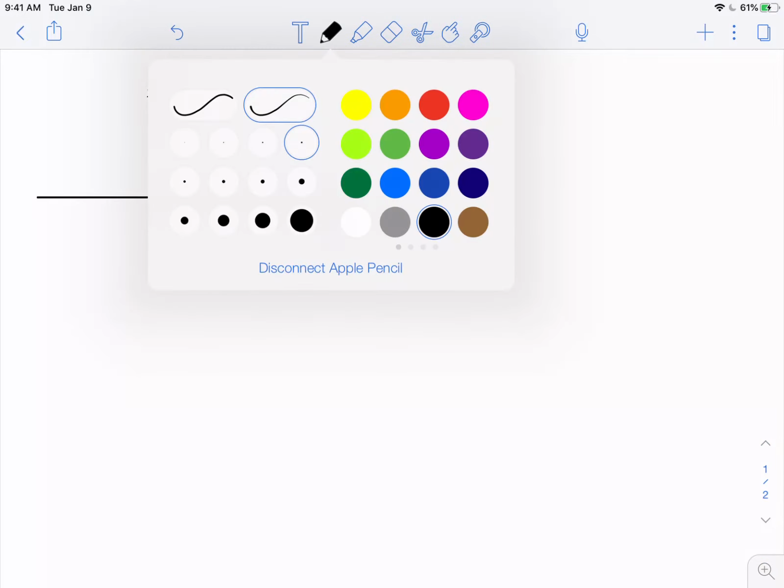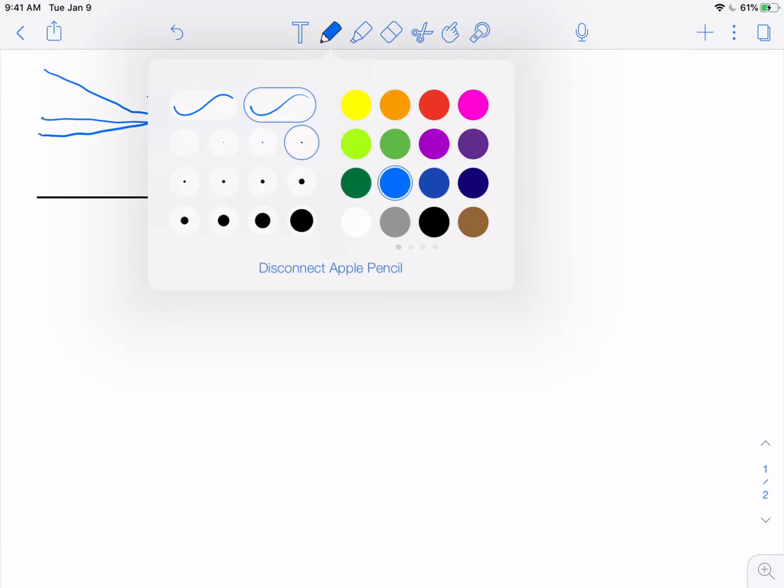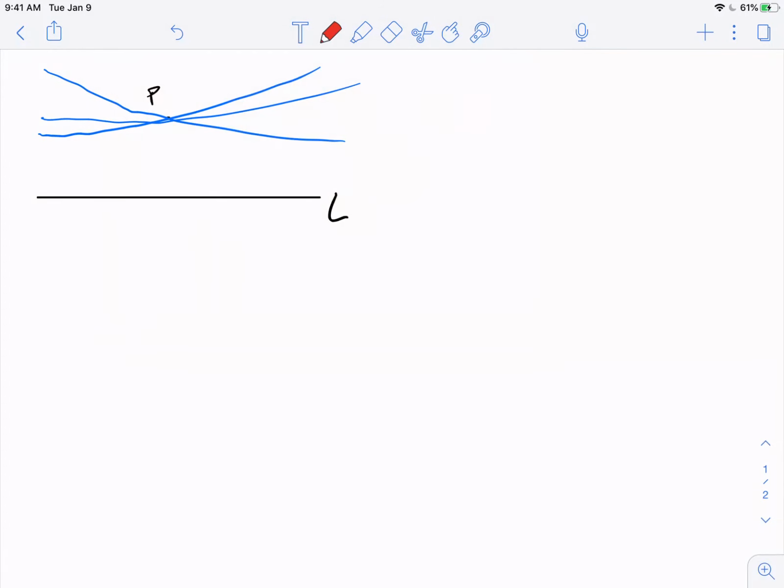On hyperbolic space, however, there's many lines which go through P and do not intersect L. And this is because they all bend away from each other. There's sort of a whole family of such lines. But there are special ones which go as close to L as possible.